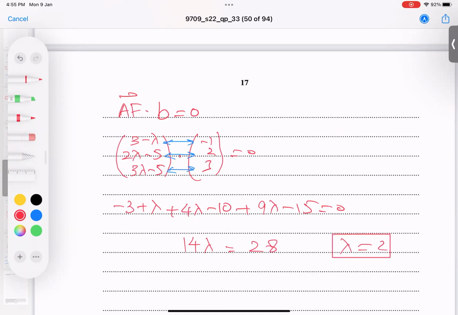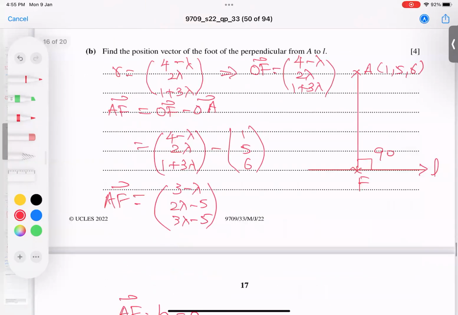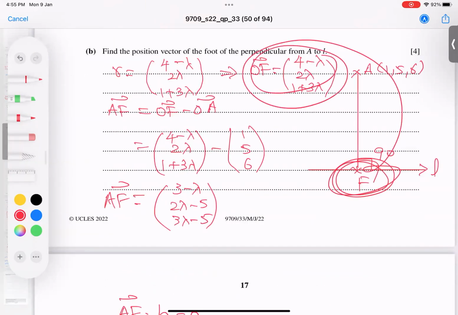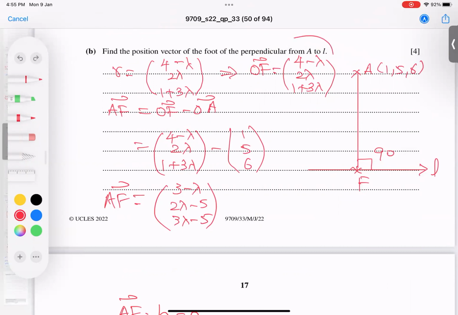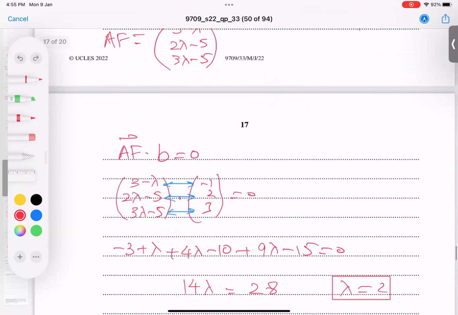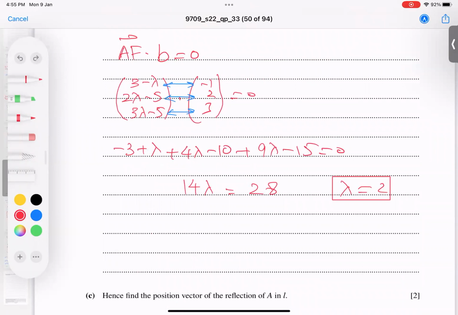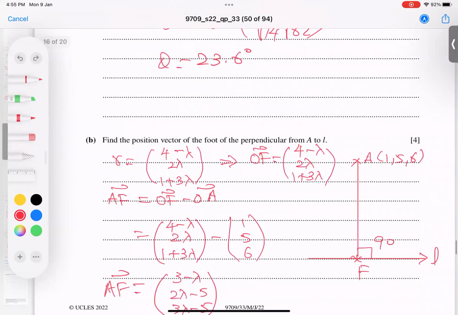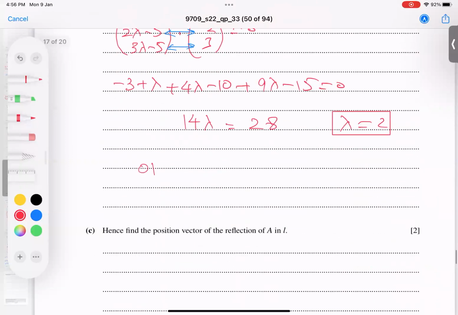And with this value of lambda, because I'm looking for the foot of perpendicular, meaning F coordinates, I will plug in here. So let's see what answer turns out to be. What he was asking us is the position vector of the foot of perpendicular. So I'm writing here OF coordinates.